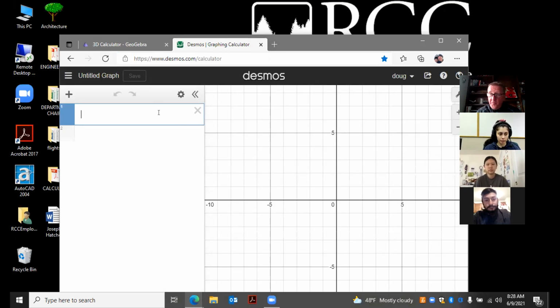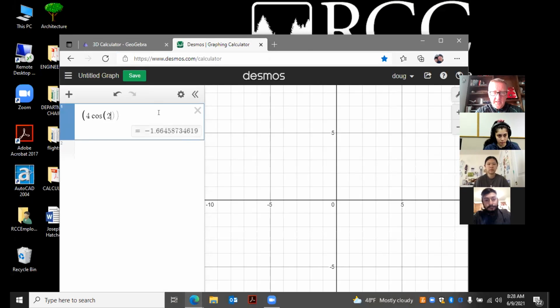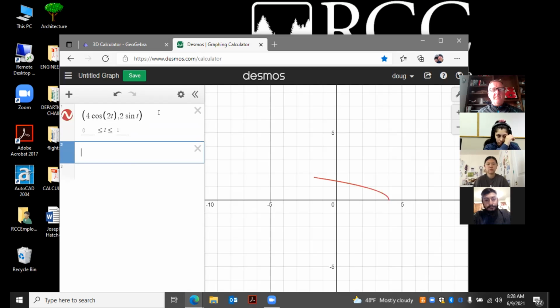So you saw before when we did parametric equations that you can type parametric equations in here. So all I'm going to do is type the X and Y coordinates we just had. So 4 cosine of 2t and then 2 sine of t. Notice I didn't control this, but it says t is going from 0 to 1.